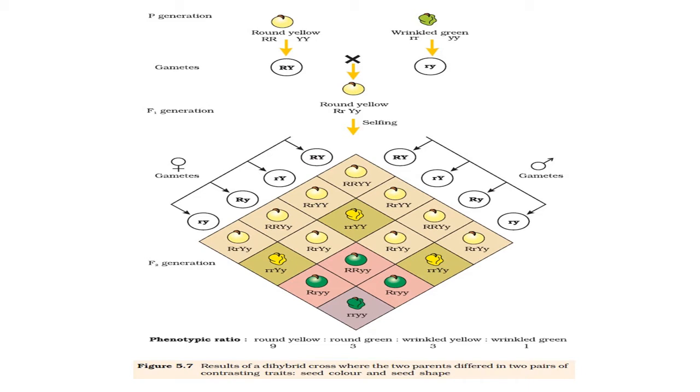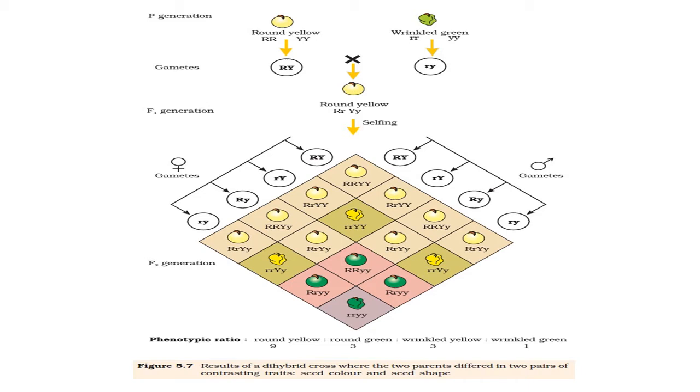Now when selfing, or self-pollination, takes place in this F1 generation, the resulting F2 generation can be understood by studying the Punnett square method. Here 16 possibilities are there.